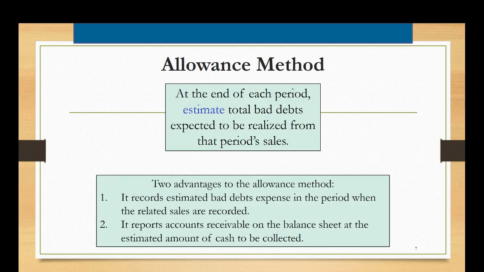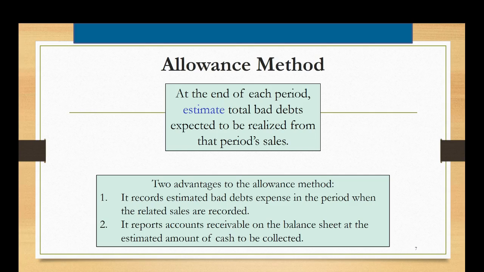The allowance method that we're going to be demonstrating today tells us that at the end of each period, we need to estimate the total bad debts expected to be realized from that period's sales. The allowance method, which is only one of the methods that GAAP allows us to use, has two advantages.